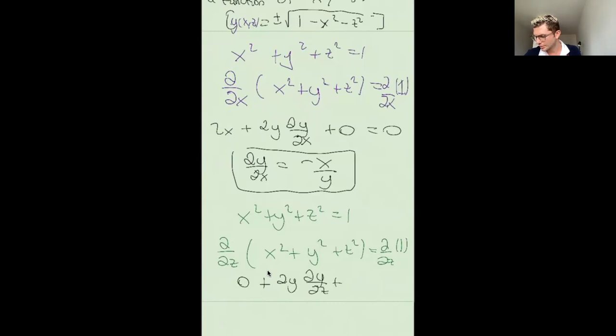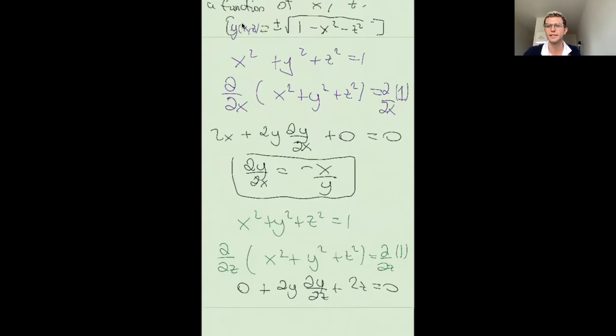And then this one gives you 2z equals 0. You mean, why is there a 0 here? Oh, because now y is being thought of as a function of x and z. So x and z are now being considered the independent variables.